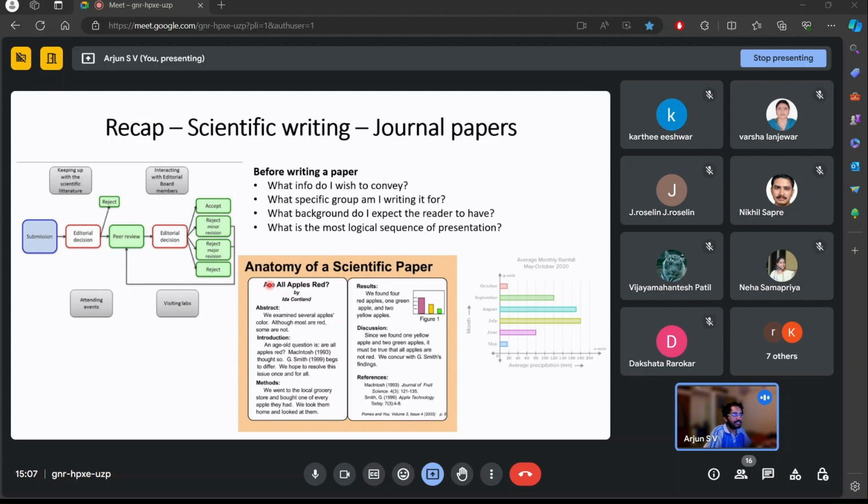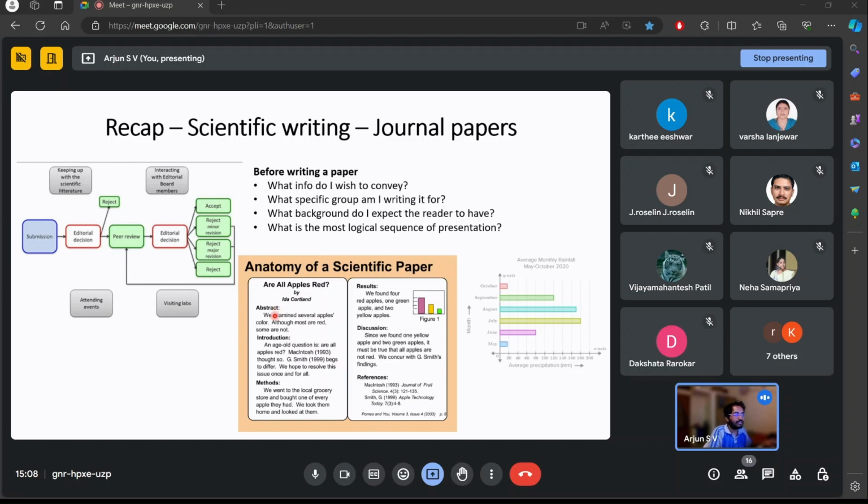Basically, your scientific paper will have a title, and then following the title, it will have the author names, whoever has written the paper, and then it will have a short abstract. An abstract should be about 250 words, highlighting the essence of the article. You should not cite any other paper or give any inside information into the article.